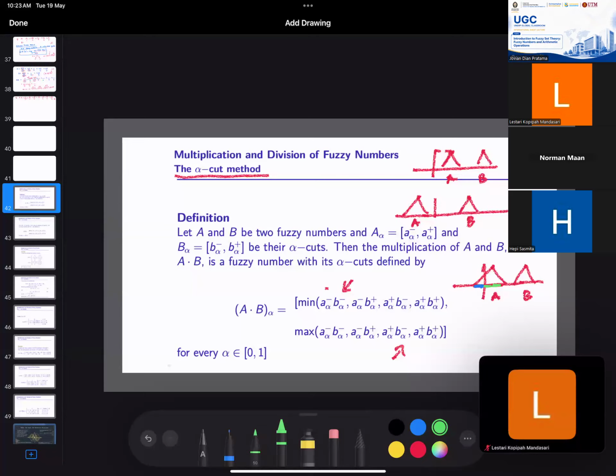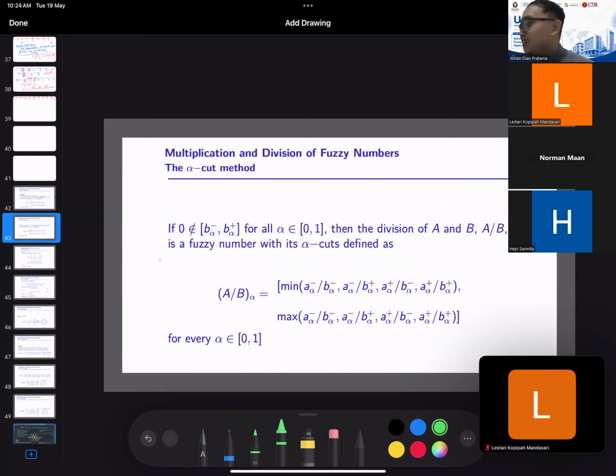So when you want to multiply A and B, you must be very careful because you need to identify what your alpha is here, which will give a different value of the multiplication. Which one is the minimum one? Which one is the positive one? So here you need to be extra careful in order to avoid any mistake done by the students, okay?